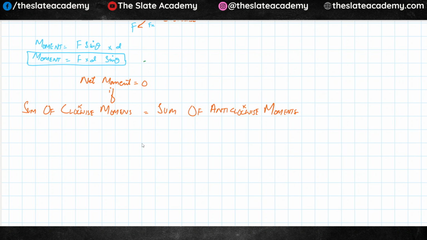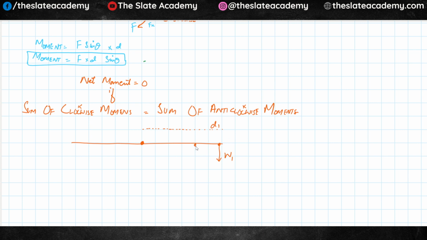Let's assume there is this seesaw, which is a rigid body. On this seesaw, there is one child sitting over here with his downward weight W1. This first kid has weight W1 and is sitting at a distance D1 from the pivot.